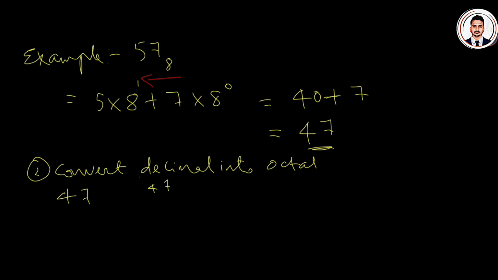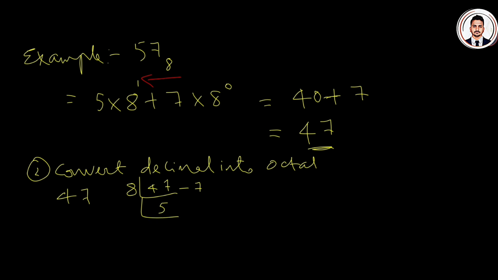First we take 47 and check whether it fits in the 8 table. 8 fives are 40, 8 sixes are 48. 48 is bigger than 47, so we take only 40. So the quotient is 5 and the remainder is 7.